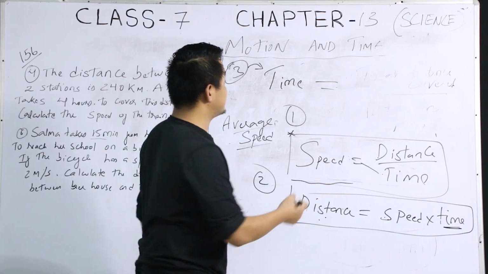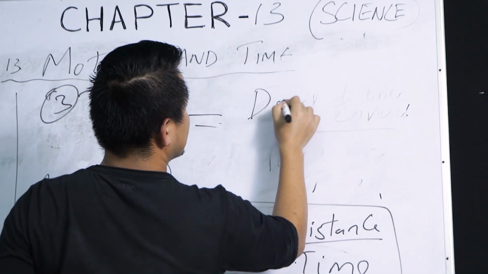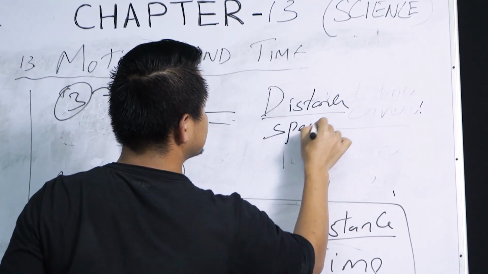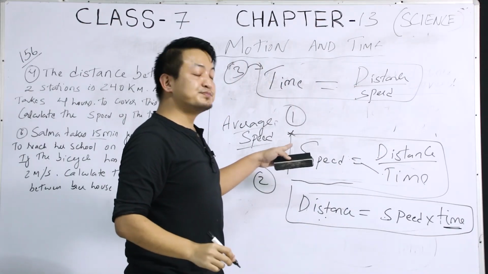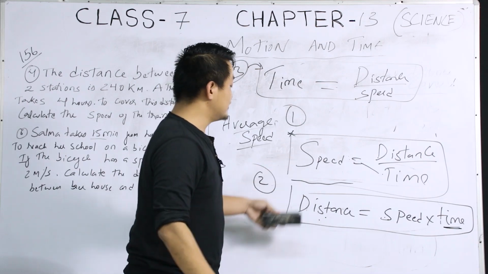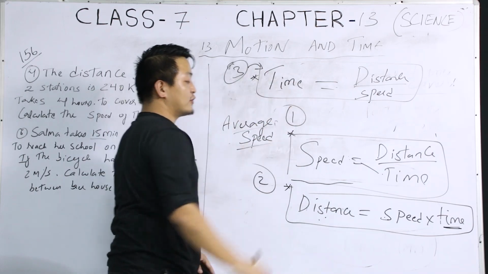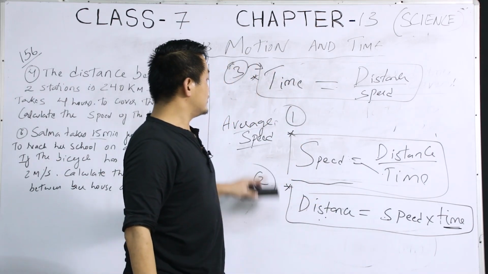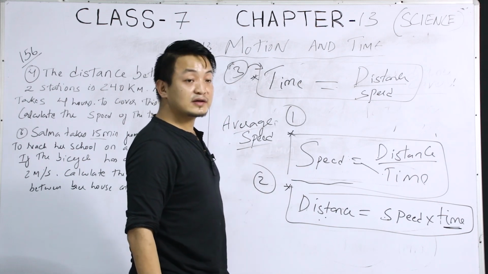Time is equal to distance by speed. So if you are clear with the speed formula, you can get any formula from here, either the formula for distance as well as for time. So I'm sure you are clear with the 3 formulas. You can note down all these formulas. We'll start another topic. Clear?